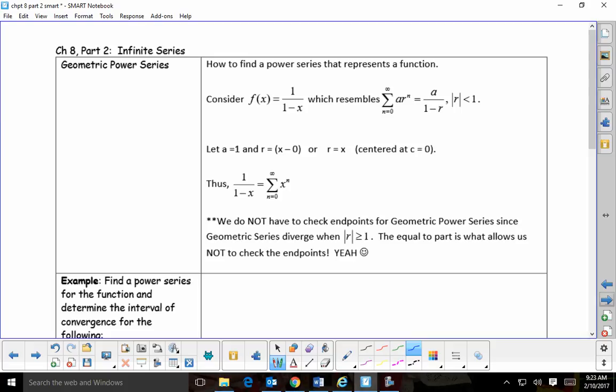So with the geometric, if I have a function that looks something like this, then I can identify and say, well, that's my A. I have my 1 minus, and then this guy would be my R. So I can make this into an equivalent series. Power series, actually. And that's what we're going to be doing today. And again, we don't have to check the endpoints for geometric because they're going to diverge from that condition. We know what happens there.